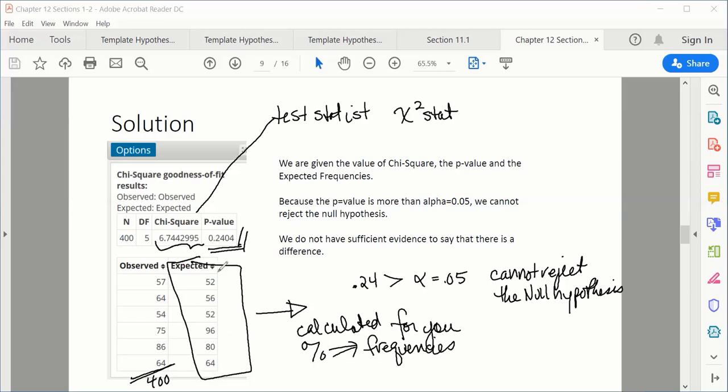And we were given percents for our expected, and that's what I put in the expected column. They turned those percents into frequencies by taking the percent, multiplying it by 400, which is our sample size, and popping out our expected. So in some of the homework, they ask you to do the expected because they want you to calculate it, but you don't need to calculate it because StatCrunch does it for you.